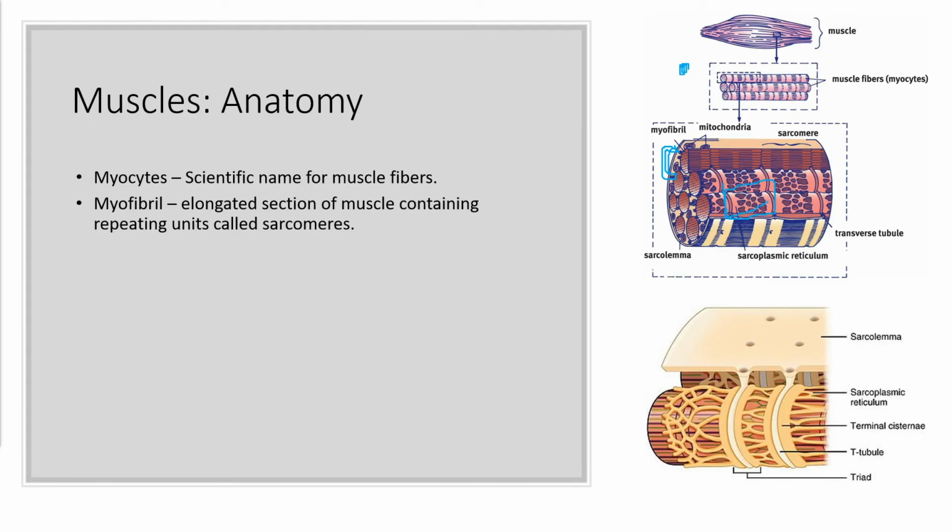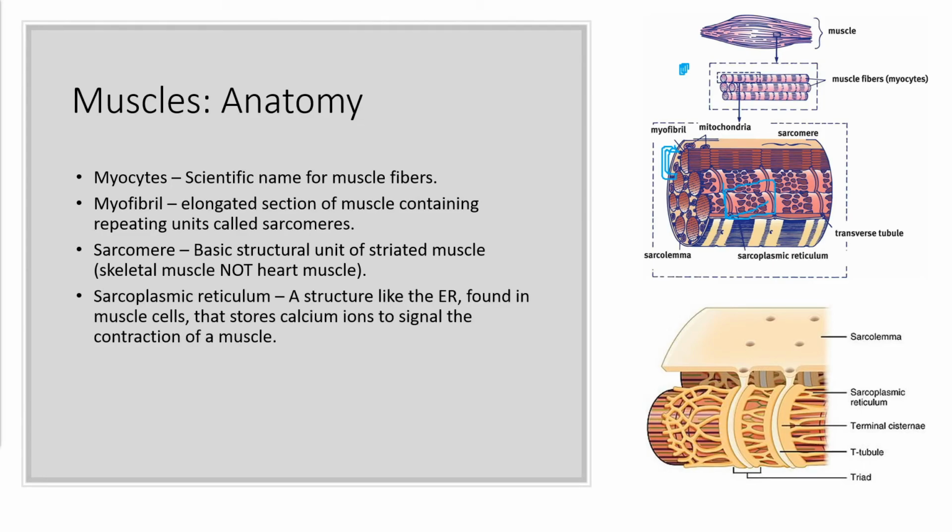So the most basic functioning unit of striated muscles, these sarcomeres, or units of muscles, are connected to one another by the transverse tubule, a tube of the plasma membrane that crosses through the inside of the myocyte to ensure that the signal reaches all of the sarcomere units within the myofibrils and within the overall myocyte.